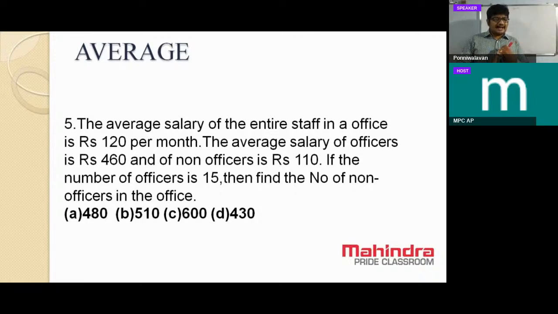One is the total average, another is the officer average, another is the non-officer average. What is the officer average? Officers average 460. Non-officers average 110.